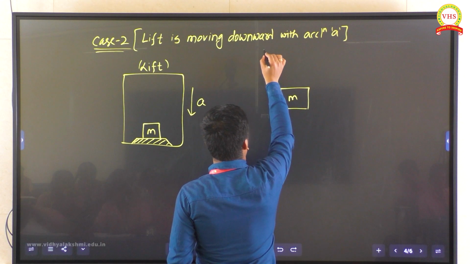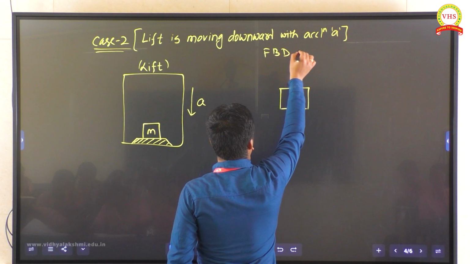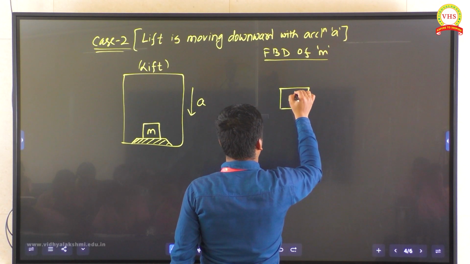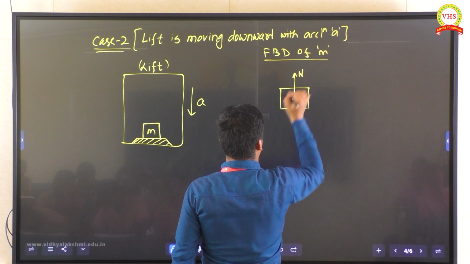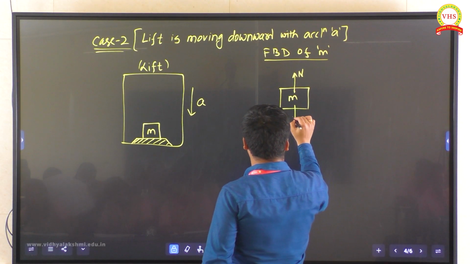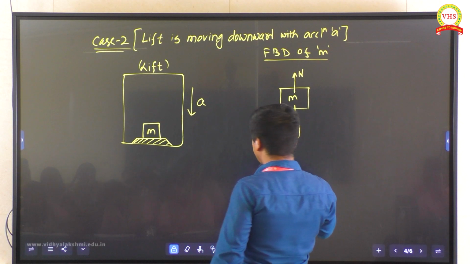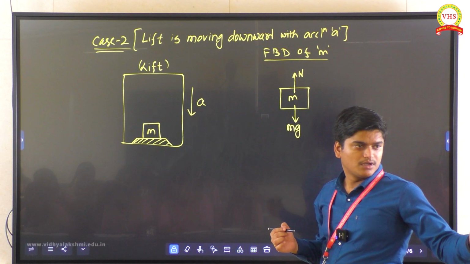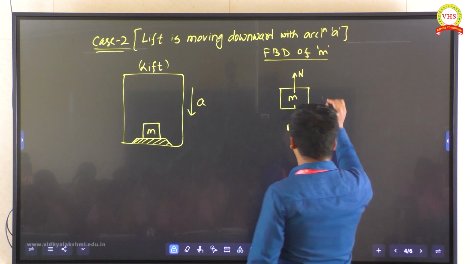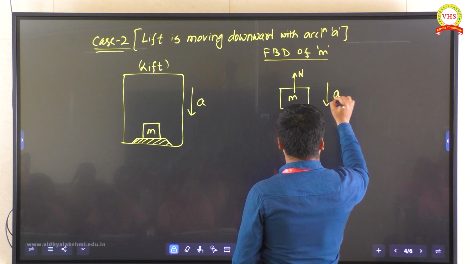So everyone, draw the FBD of m. In the upward direction, the normal reaction will act. In the downward direction, mg will act. Now tell me, is the acceleration downward or upward? Downward, so acceleration a is downward.